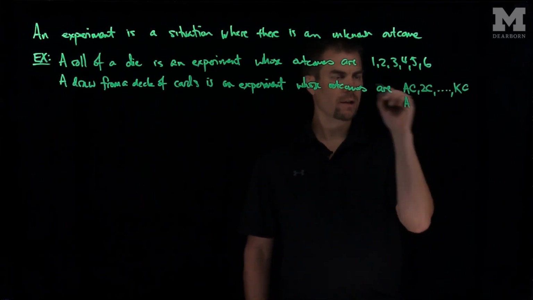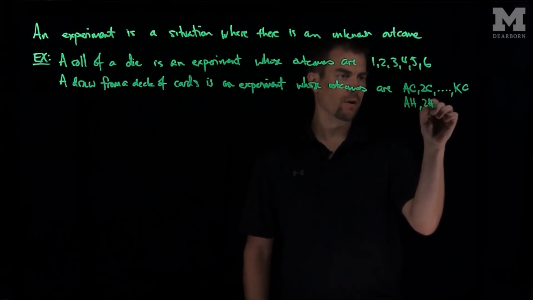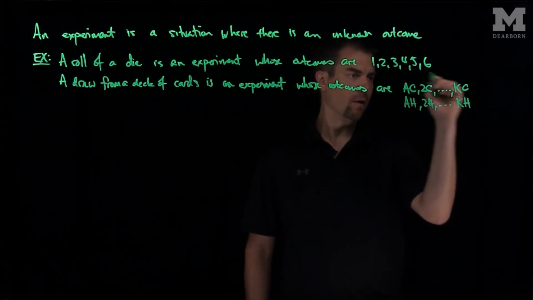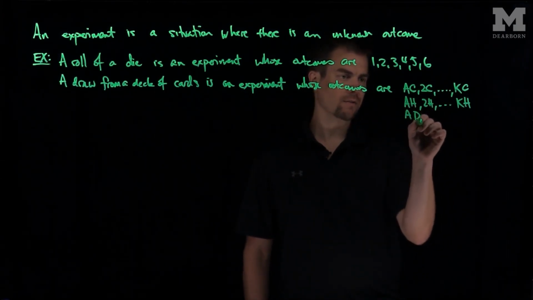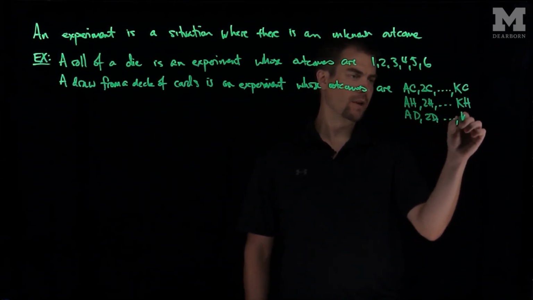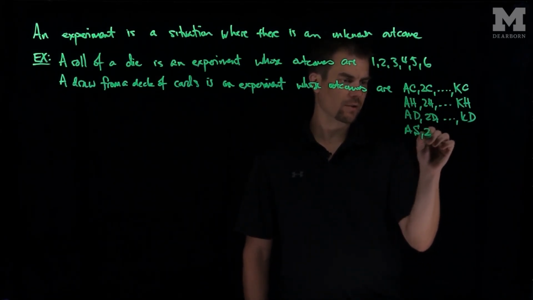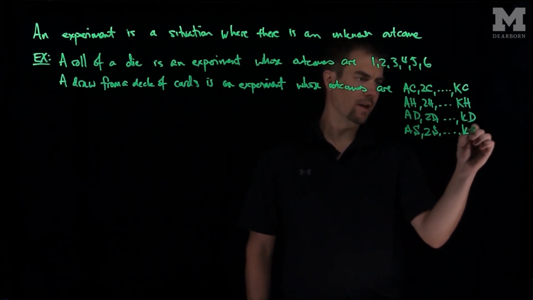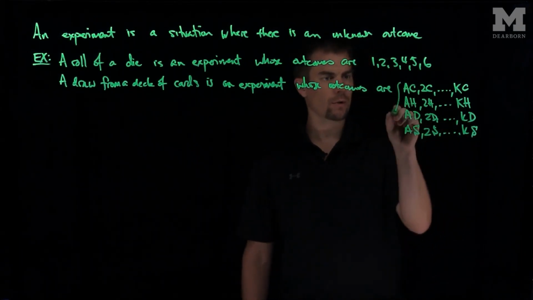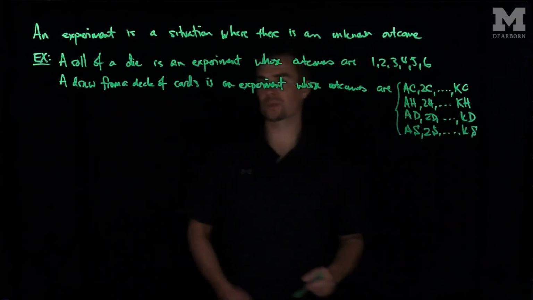You can have the ace of hearts, the 2 of hearts, the king of hearts. You can have the ace of diamonds, the 2 of diamonds, the king of diamonds. You can have the ace of spades, the 2 of spades, the king of spades. And so there's a total of 52 possible outcomes.